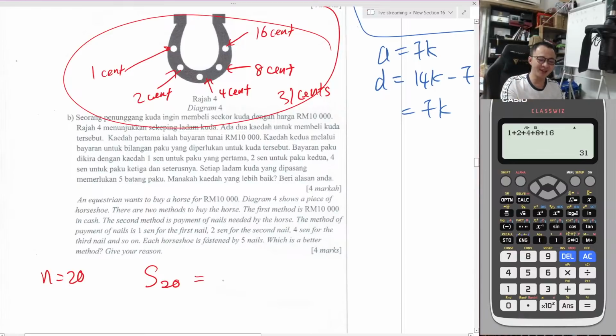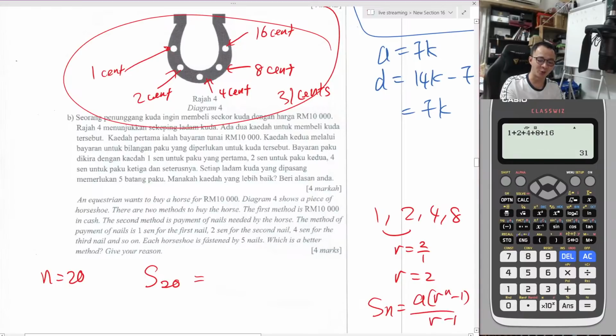So first thing is the progression 1, 2, 4, 8. The r value is second term divided by first term. r is 2. Then I will use another formula because r is bigger than 1. So this is a(r^n minus 1) over r minus 1. I will use this one. My a is just 1 cent. My r is basically 2.